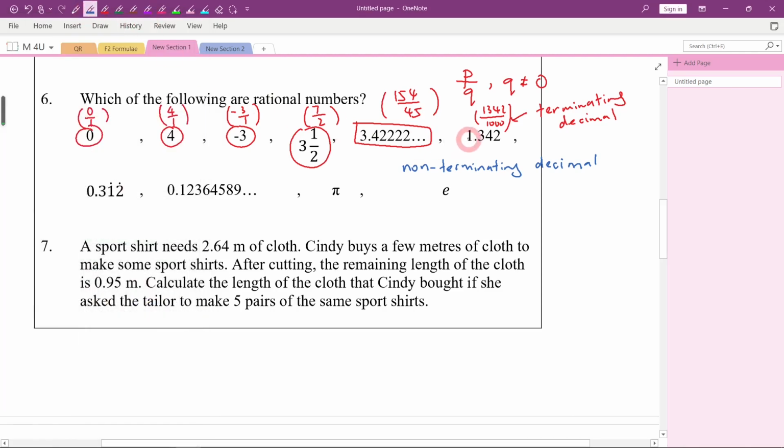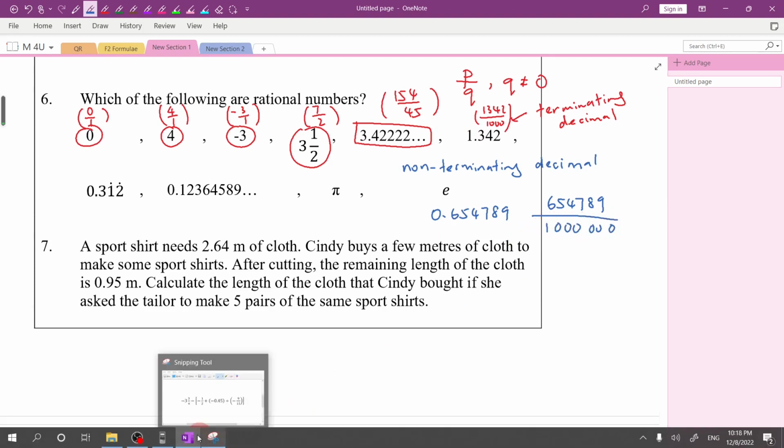How about if I give you a little bit longer decimal, 0.654789? Try to think: is this a rational number? This is a terminating decimal, so definitely it can be written in a fraction form. You can just write 654,789 over, 1, 2, 3, 4, 5, 6, we need 6 zeros.